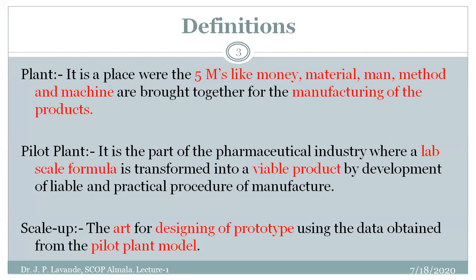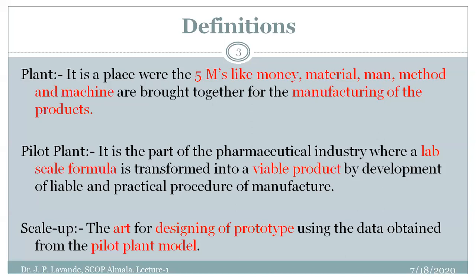So if we want to define it, how will we define it? It is a place where the five M's, money, material, man, method, and machine, are brought together for the manufacturing of the product.